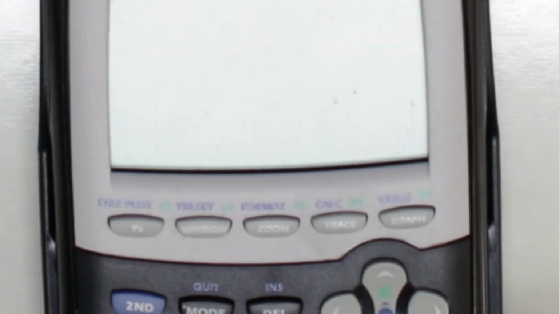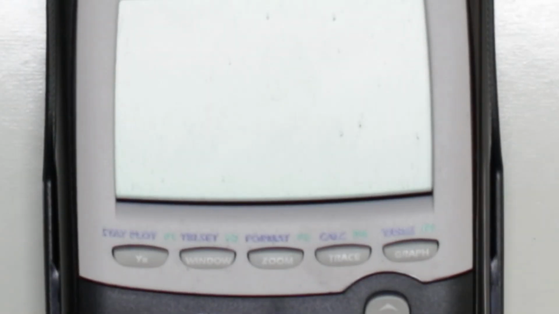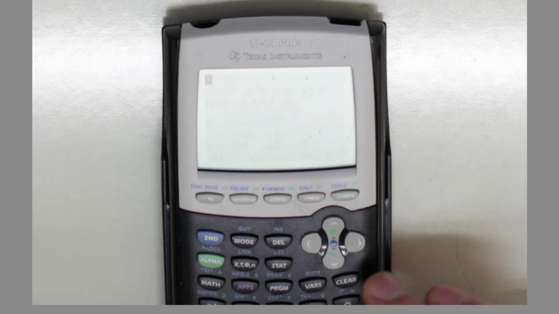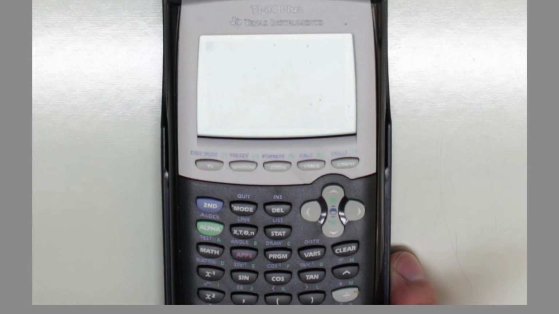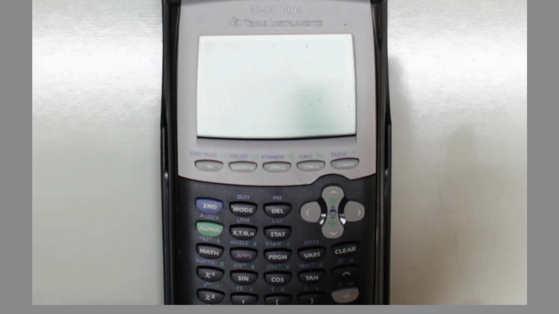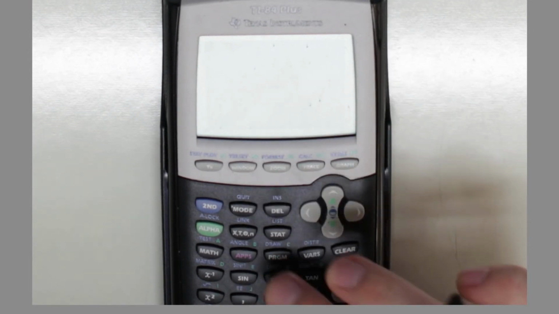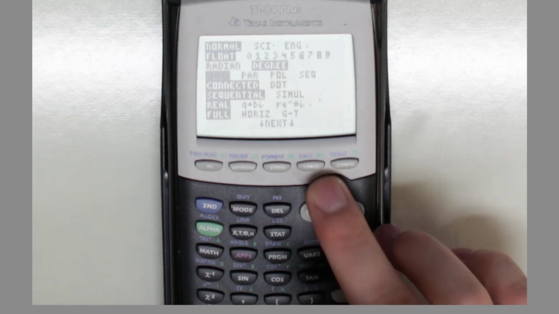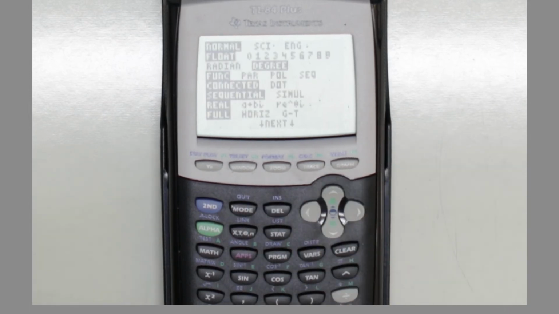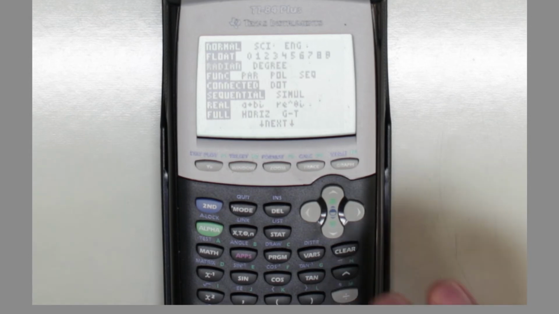All right, so back up here. One thing I need you to keep an eye on when you're doing this, make sure that you go to mode, and you need to be, in this case, in radian mode, not in degree mode. When you graph, you need to be in radian mode.